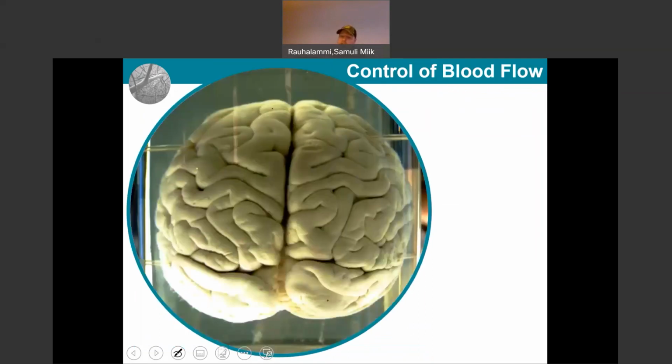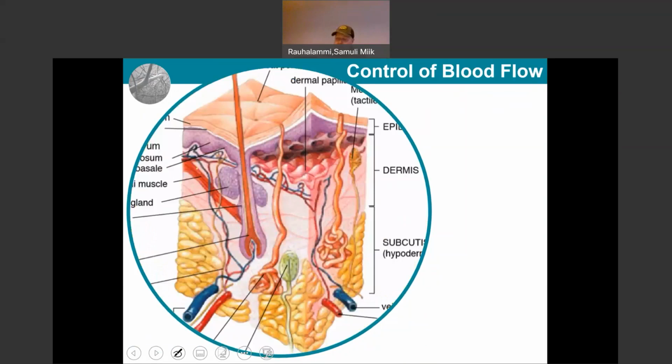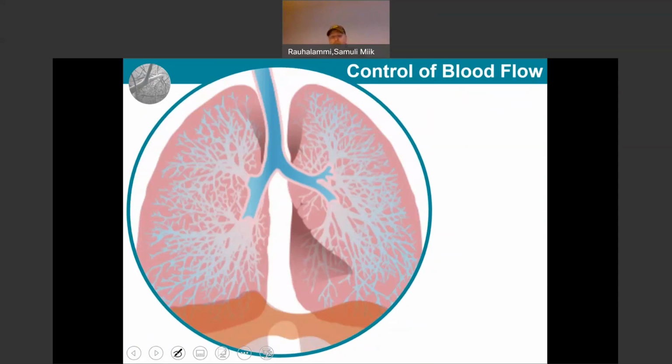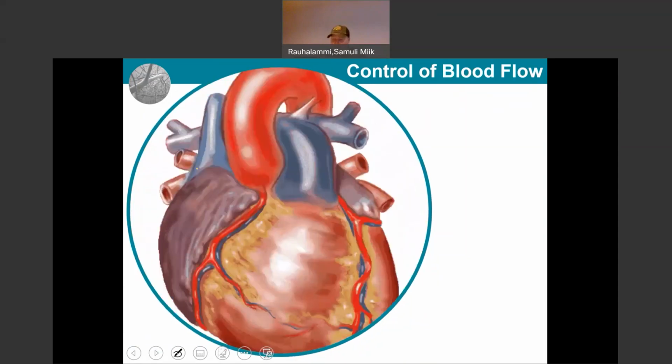A brain needs a constant blood flow that's steady, so it cannot be too high, it cannot be too low. Neurons die easily, so there are special circulation adaptations there. Skin is excellent for thermoregulation and acts as a blood reservoir. Lungs need low blood pressure. And heart, well, we talked about the coronary circulation already earlier on in this course.